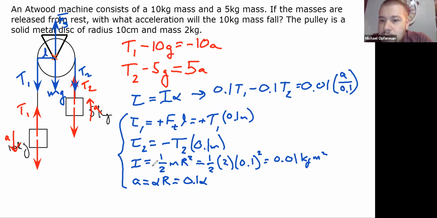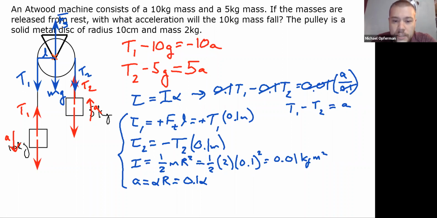And then, believe it or not, you can actually divide this whole equation by 0.1, and it'll cancel out this and this and this and this, and get rid of all of the numerical factors in this particular case. So we're going to end up with just simply T1 minus T2 equals a. And that's the equation which gives you the physics of the pulley itself.